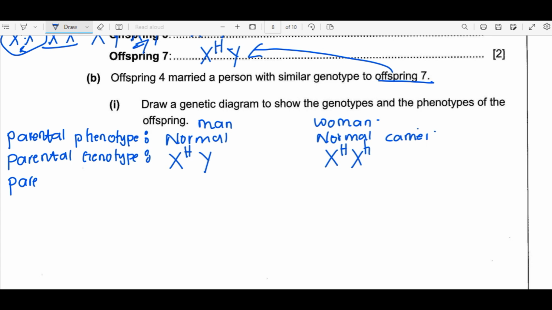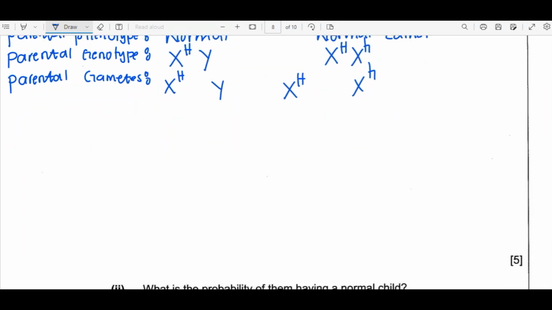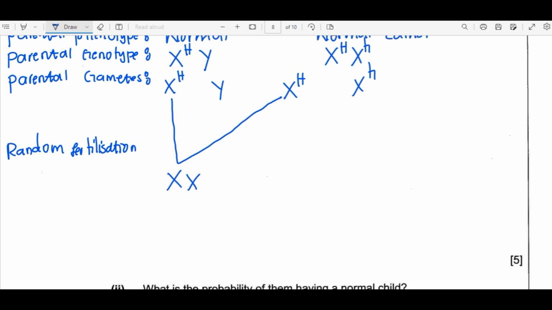Then we'll move on to parental gametes. You just have to separate these. After that we move on to random fertilization. Here, there is a chance of having a girl child who is 100% okay.